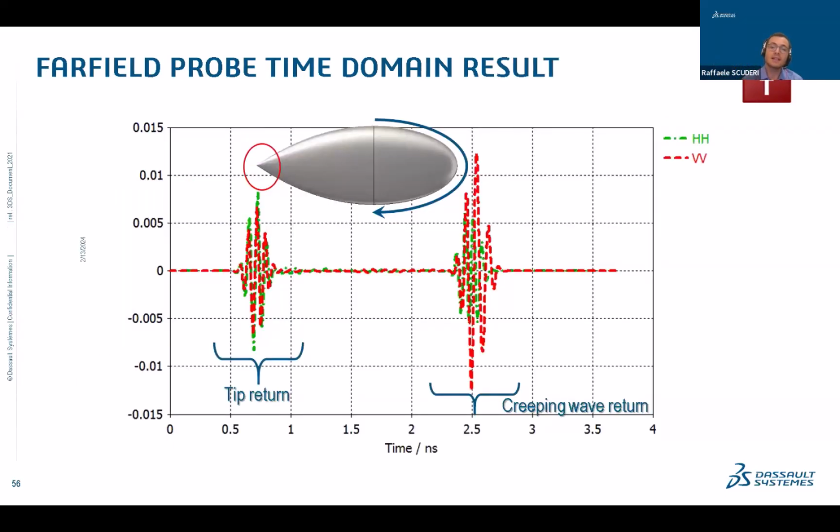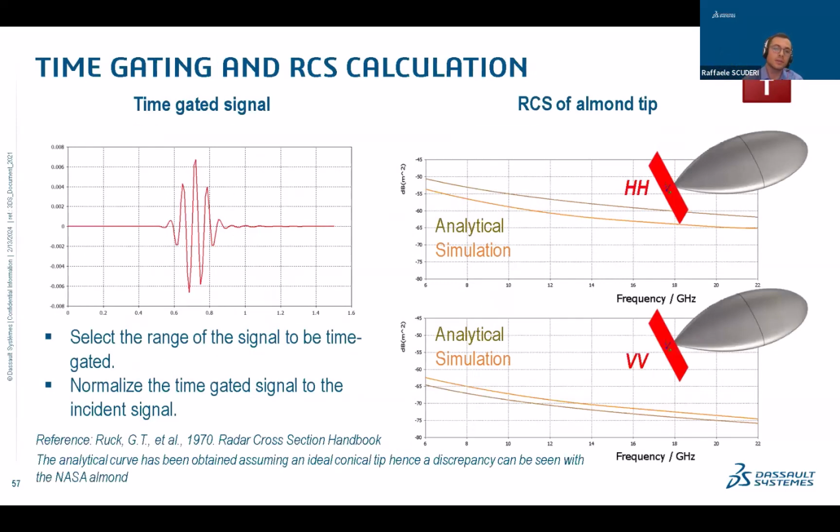Very nicely, you can do what we call time gating. You can really observe the time domain signal, where time and space in RCS are basically the same thing, because delay means space, means range, means possibility to highlight the main scatterers on the target. That's exactly what we're doing here with the NASA Ogive.